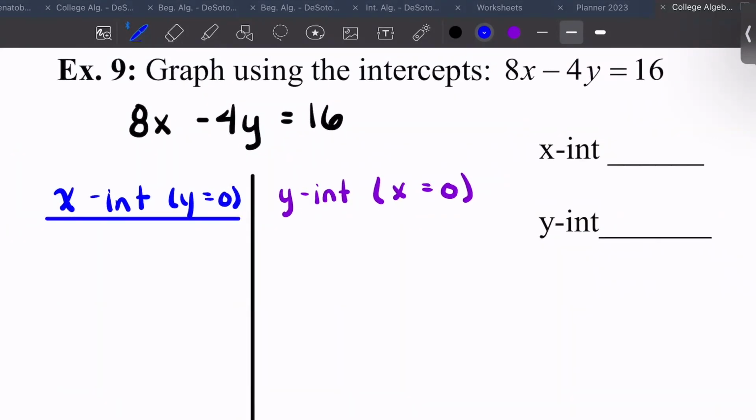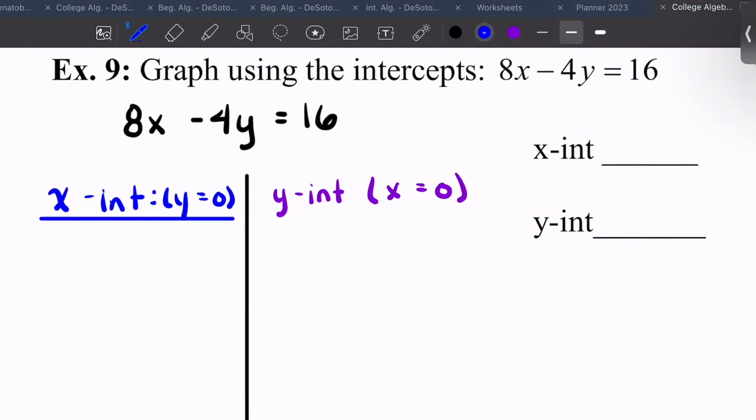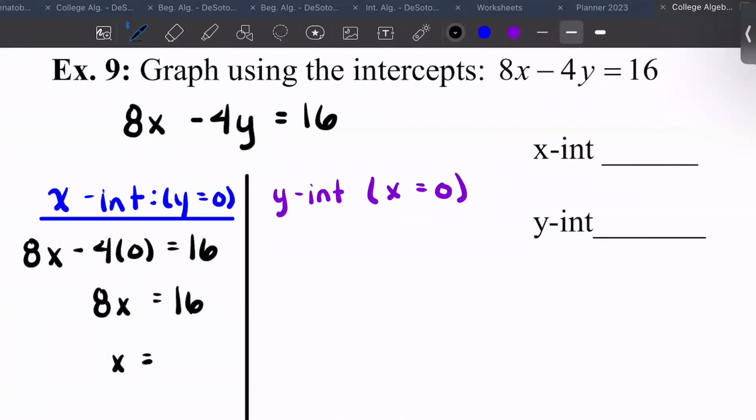So let's find our x-intercept. We have 8x minus 4 times 0 (y equals 0) equals 16. So we have 8x equals 16, so x equals 2.